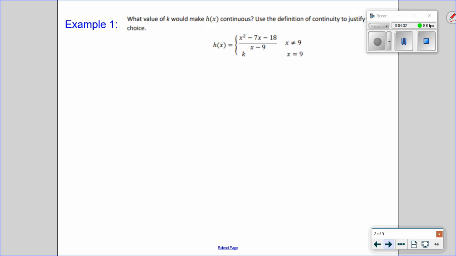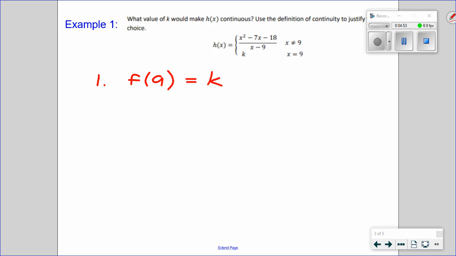Remember, k would have to equal the limit. Right now, if we went through our definition of continuity, at step 1, evaluating h of 9 based on the way the piecewise function is written equals k.